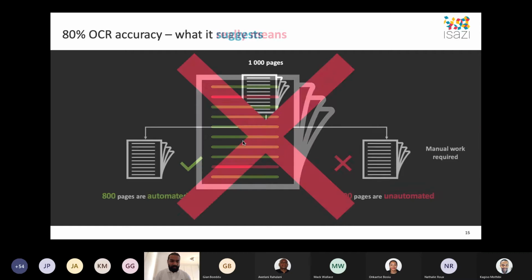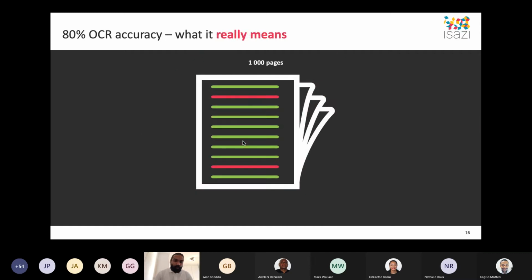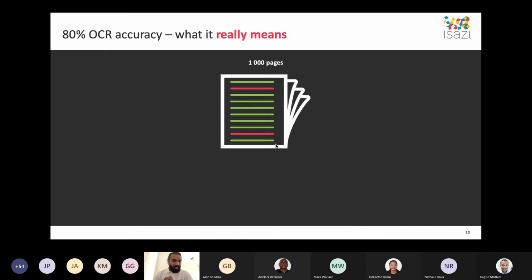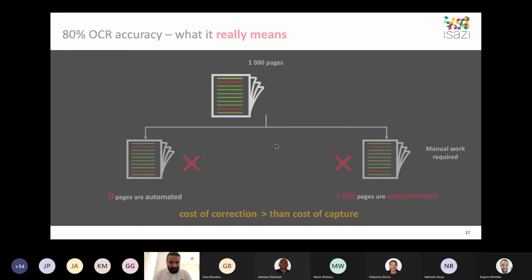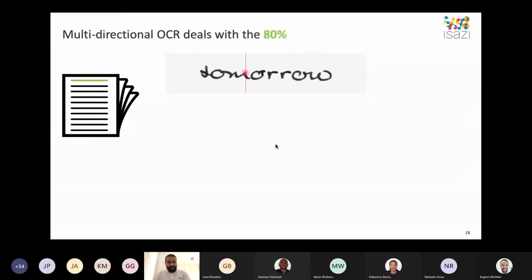In reality, if there were 10 fields on this page and you were 80% accurate, 2 of every 10 fields will be incorrect. Therefore, 0 of the 1,000 pages would be fully automated, and all 1,000 pages will have to be corrected. And the cost of correction is far higher than the cost of capture. So what have we done?